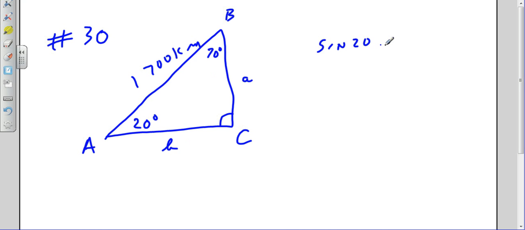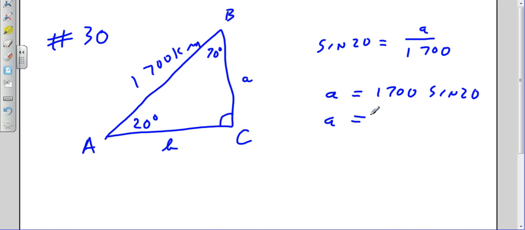Okay, well, the sine of 20 is the side opposite, little a, divided by the hypotenuse, 1700. So a is going to be 1700 times sine 20. So we put that on our calculator.